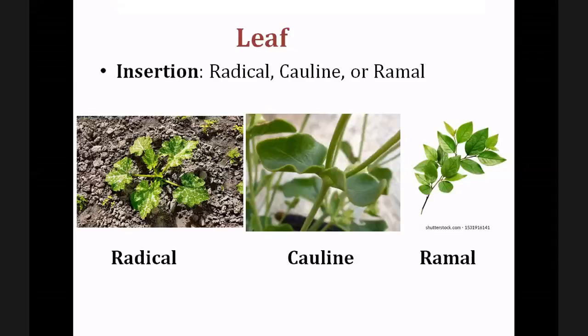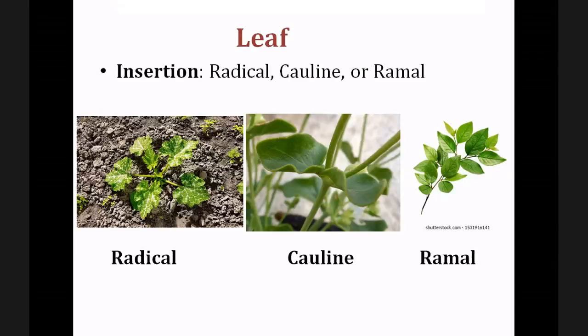Under the insertion, there are three types of leaves: radical, cauline and ramal. Radical means these leaves arise from the base of the stem, or they can arise from the below-ground part.